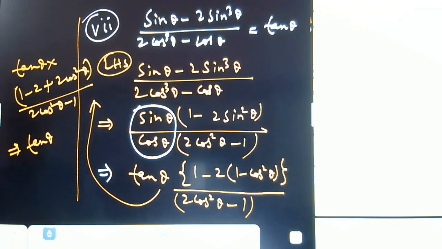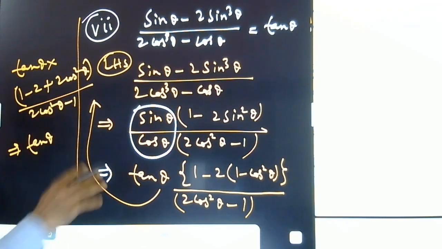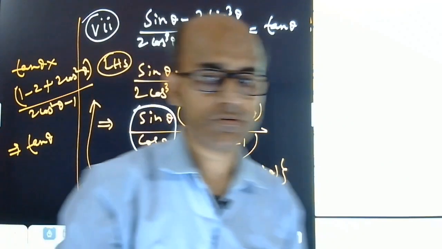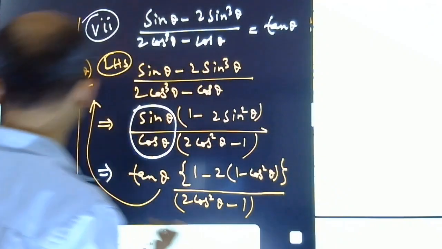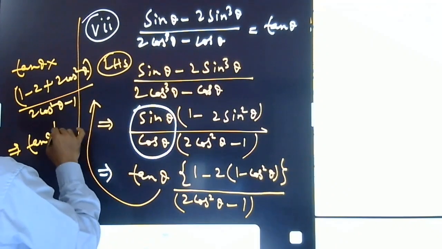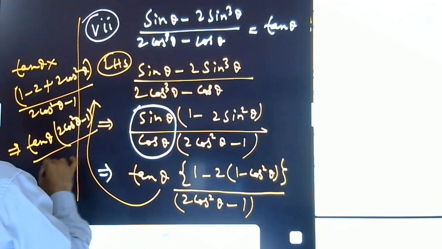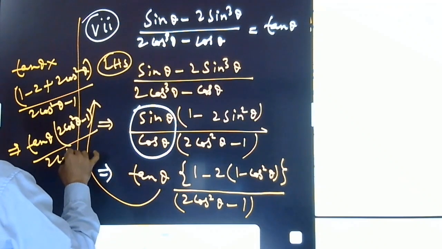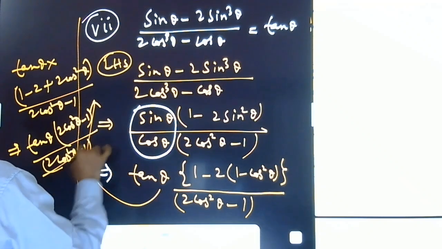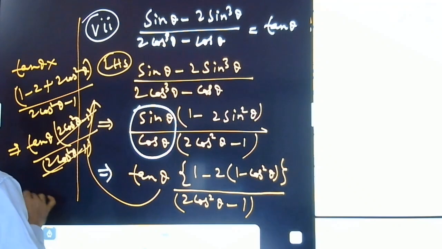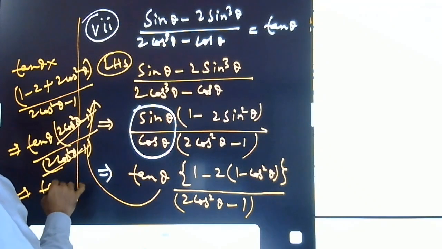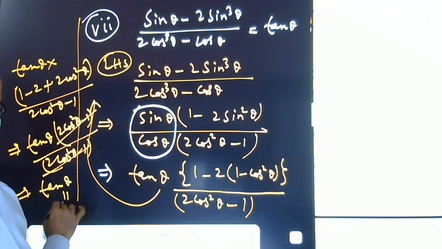Tan theta. And 1 minus 2, what will be the value of 1 minus 2? This will be minus 1, very simple. So this will be written 2 cos square theta minus 1 divided by 2 cos square theta minus 1, and these two will get cancelled to each other, resulting into tan theta, which was demanded in the RHS.